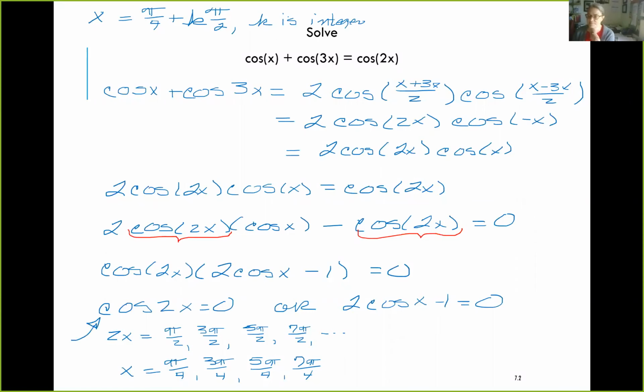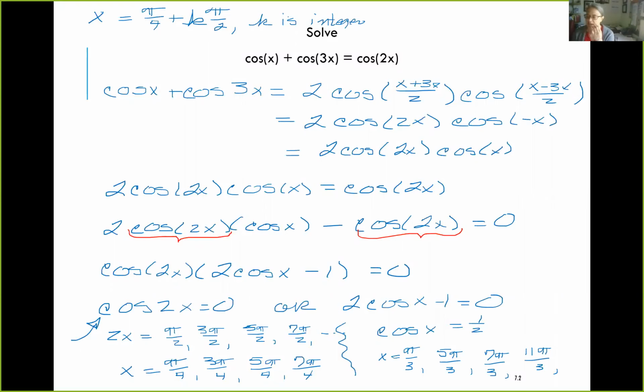Now let's work on this one. This one tells us that the cosine of x is going to equal 1/2. All right, angles whose cosine is 1/2 are pi over 3, 5 pi over 3, 7 pi over 3, 11 pi over 3.